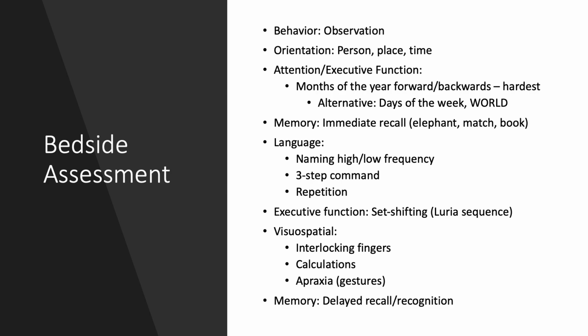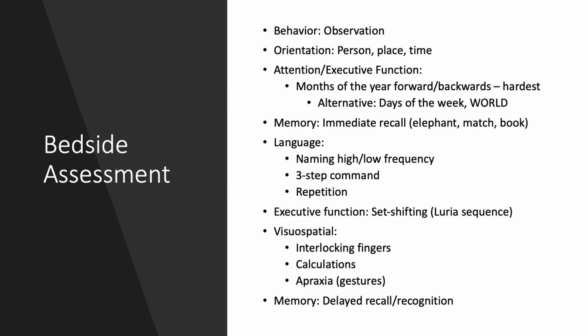Language, similarly, we talked about naming high and low frequency words and giving 3-step commands. This really just means you are asking the person to perform 3 different tasks in sequence. So if I have problems with language, I may not be able to, but also with attention, I may not be able to perform all 3 tasks. Executive function, visual spatial, we have talked about these.